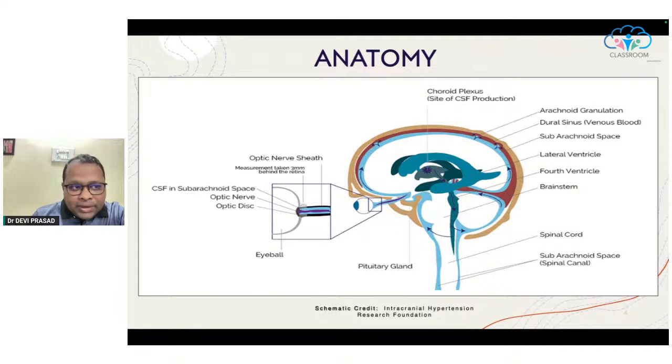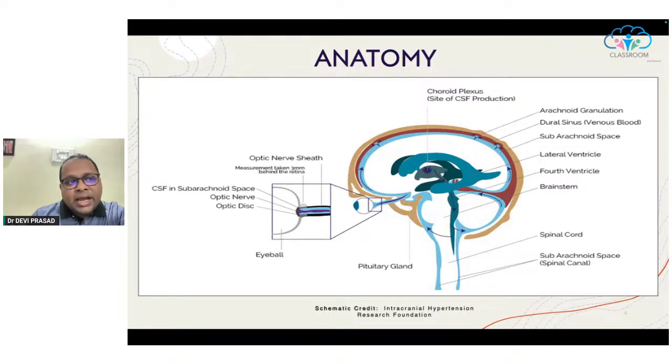Notably, further support for this theory is suggested in studies showing a reverse correlation, in which, in cases where there is a decrease in the ICP, let's say after a lumbar puncture, there has been a linear decrease in the value of the optic nerve sheath diameter.